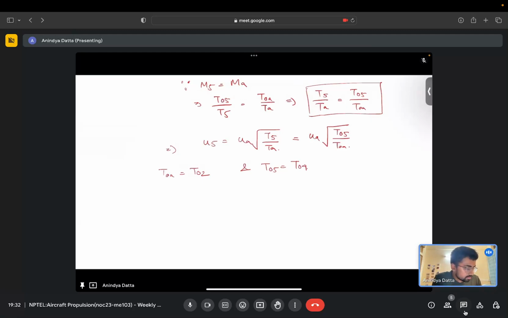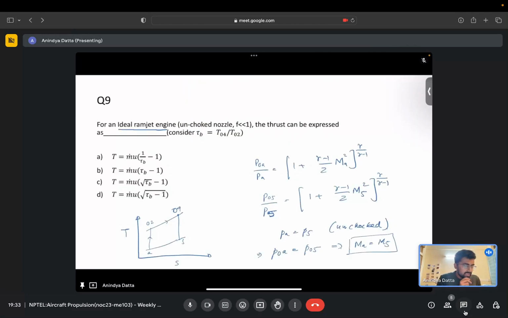So, okay, for the ramjet this is true, okay. So therefore we can write U5 is equal to UA times T05 by T0A. So this we can write T04 by T02, okay.